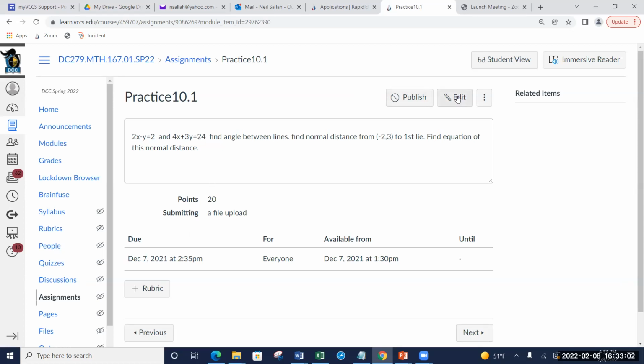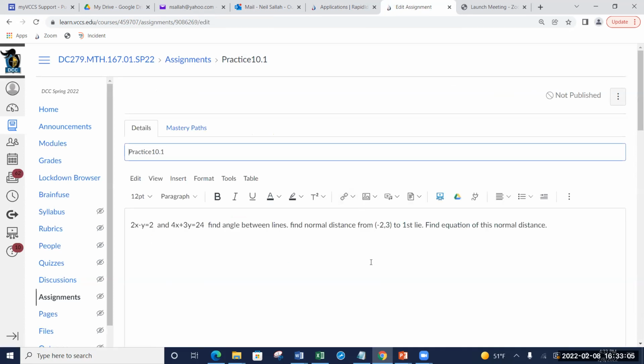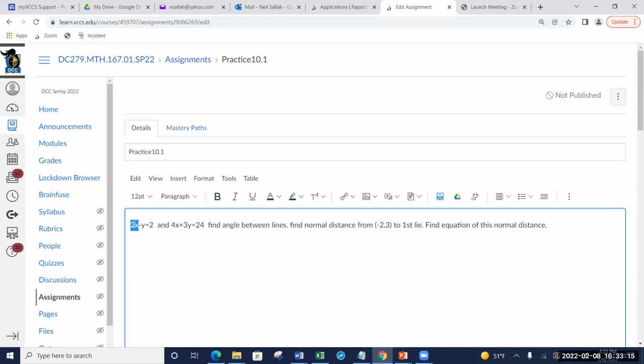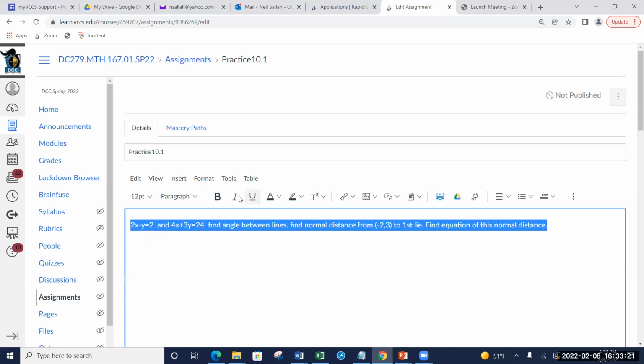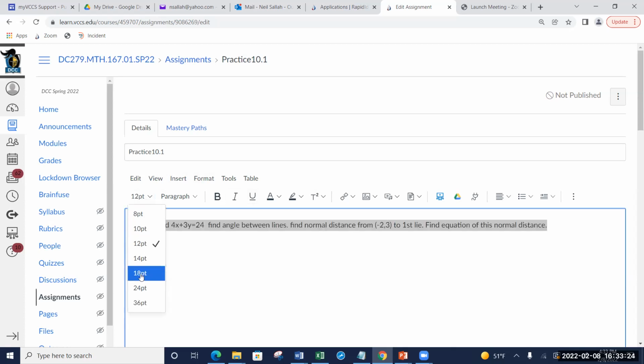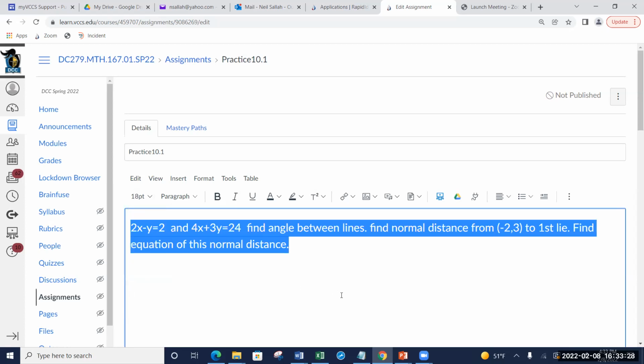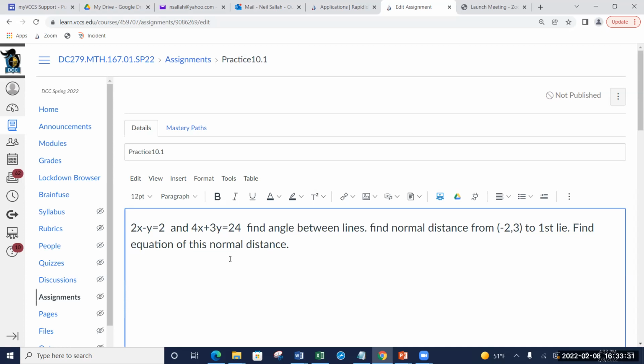Okay, we have a practice here. Let me use my mouse. The question is, we have two equations of lines and find the angle between those two lines, then find the normal distance from this given point to the first line.